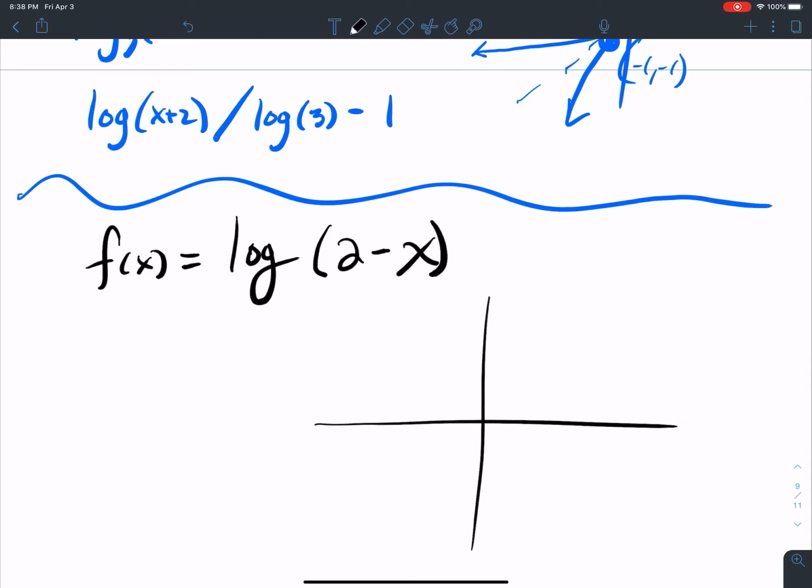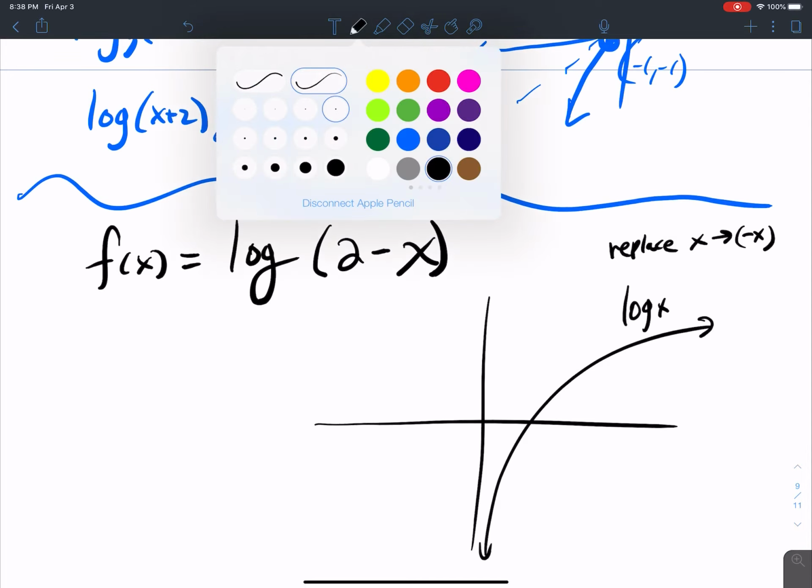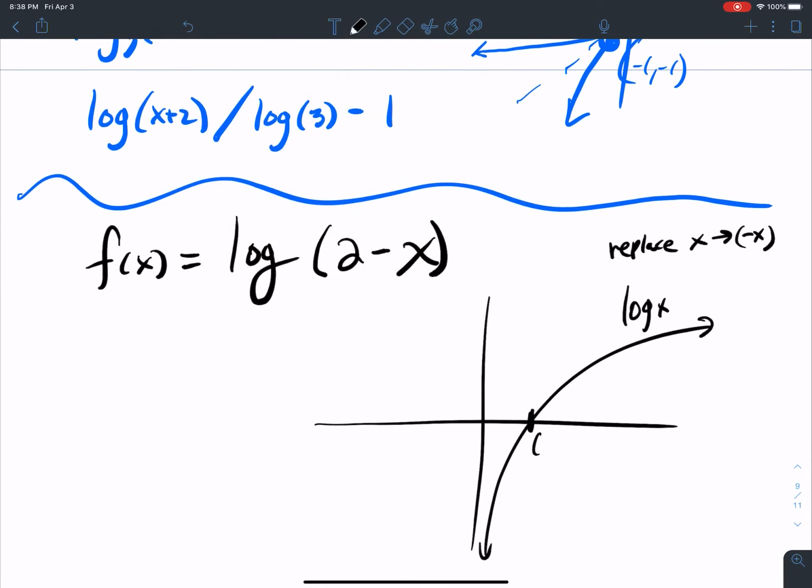So my graph would be like log of x, right? But if I replace all my x's with negative x, what does that do? That takes a value that's over here at +1 for my x value and flips it to be over here at -1.